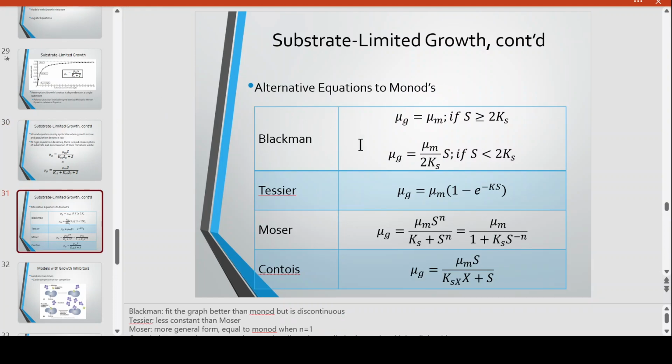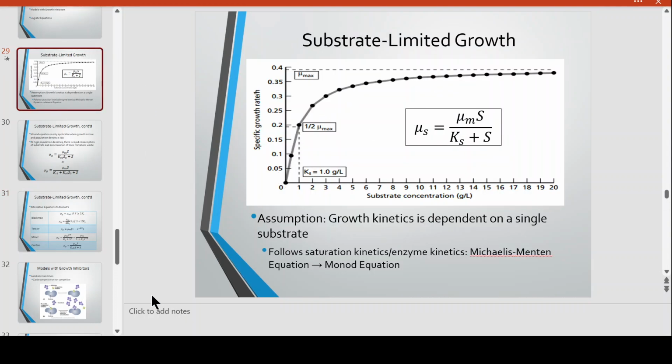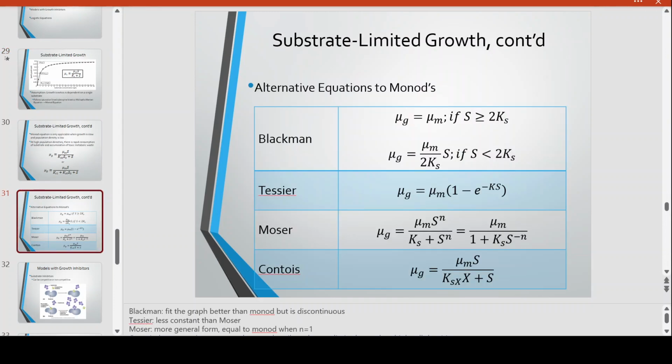We have the Blackman models. Here is the equation for the Blackman model. Basically, in the Blackman model, they fit this graph. All of these models are designed so as to fit the observable experimental data. The Blackman model fits the graph better than Monod, but it is a discontinuous model.